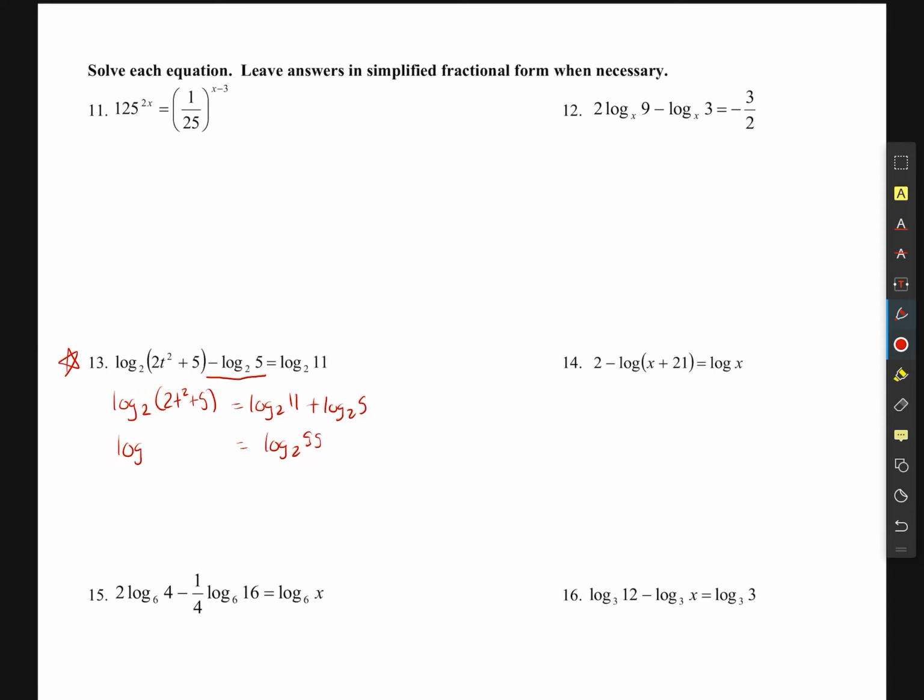So you don't have to do this method that I'm talking about right here, but I find that people like avoiding working with fractions. So by doing this, now we have it set up log 2 equals log 2, drop the log 2's, and solve like normal. 2t squared equals 50, t squared equals 25, t equals positive or negative 5, and they both work. You always got to make sure they work or not.